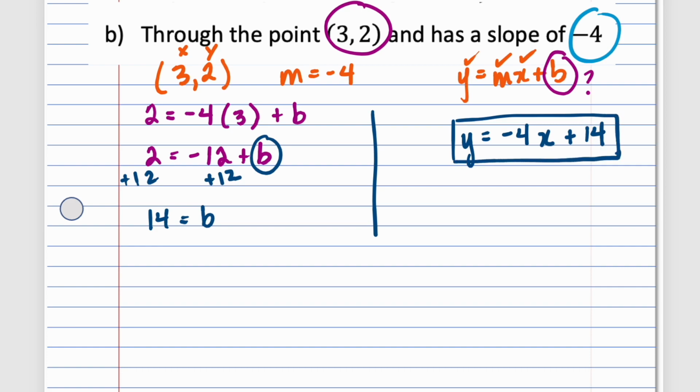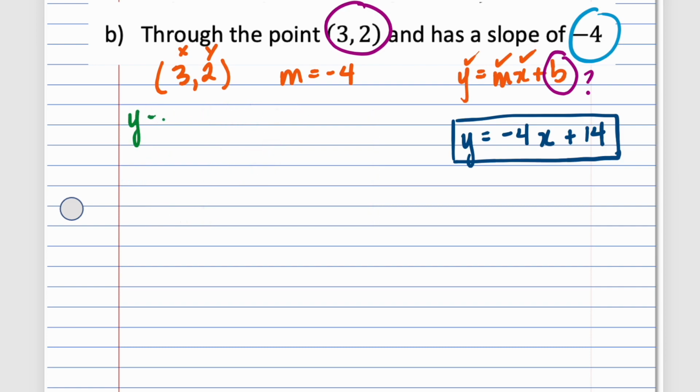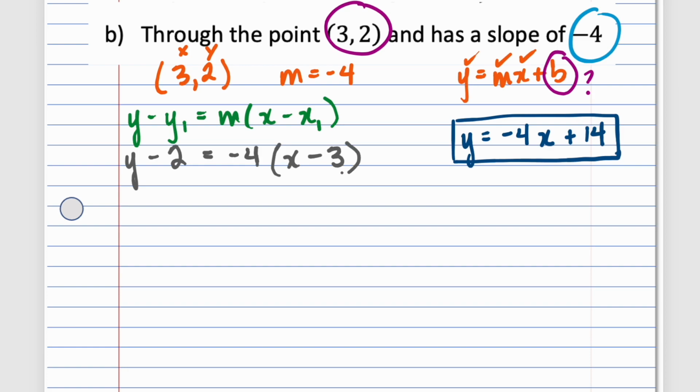Let's see if we can get this version of the equation in another way. We'll plug in the y value and the slope and the x value and solve for y. This time, let's add 2 both sides first.